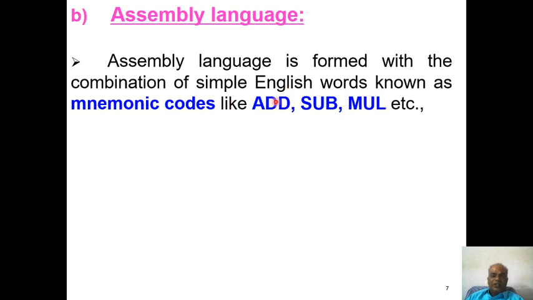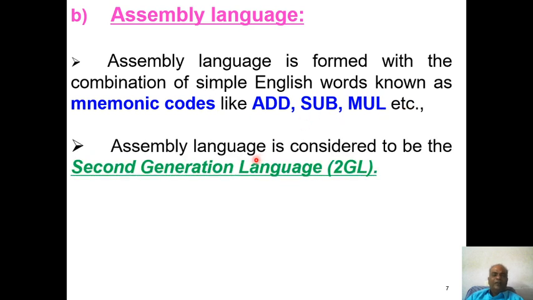So these are the mnemonic codes, the assembly language opcodes. Add is addition, sub is subtraction, mul is multiplication, div is division, etc. Assembly language is considered to be the second generation language.